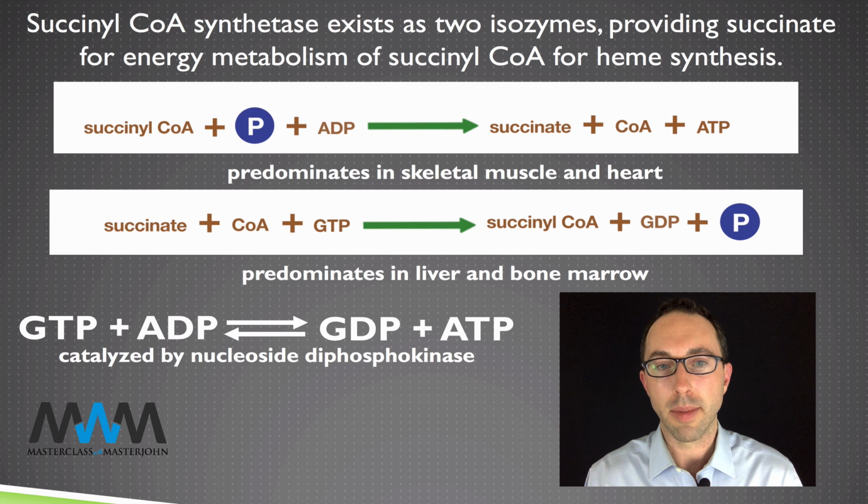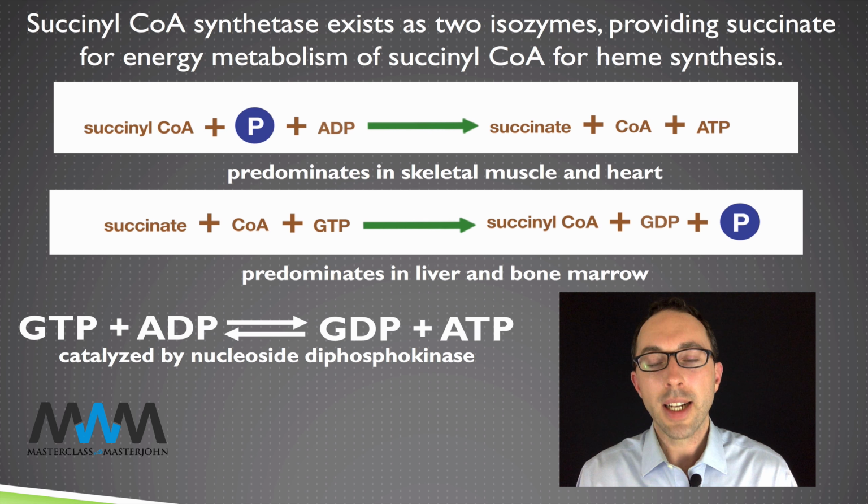manner we just described. But in the liver and bone marrow, where there's a lot of synthesis of heme, it's important to maintain succinyl CoA in very high concentrations, because as we described in the last lesson, succinyl CoA is used for the synthesis of heme.